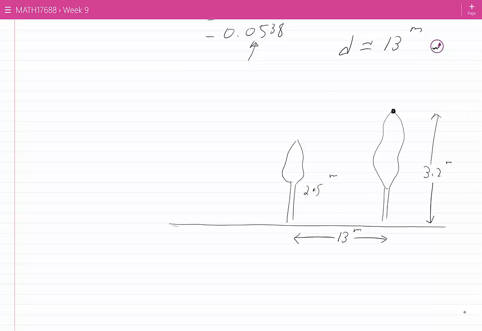Then the x-axis would be this line, and the y-axis would be this line. The top of the two trees are this point and this point.